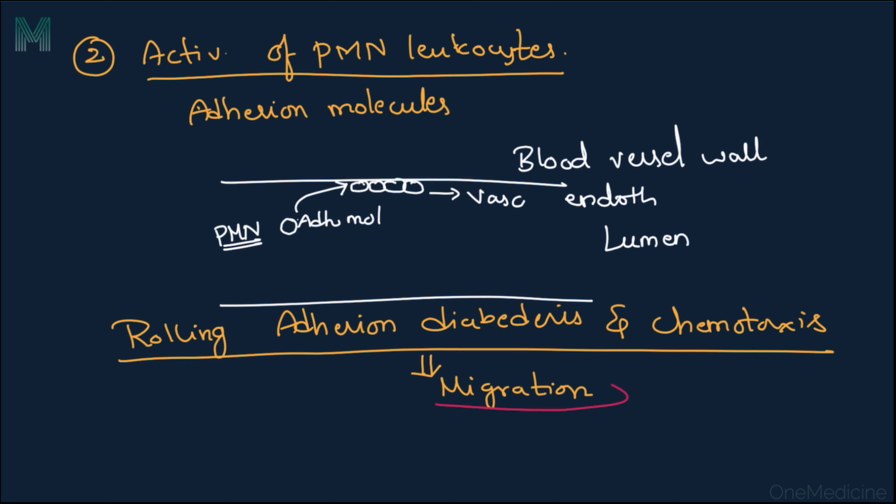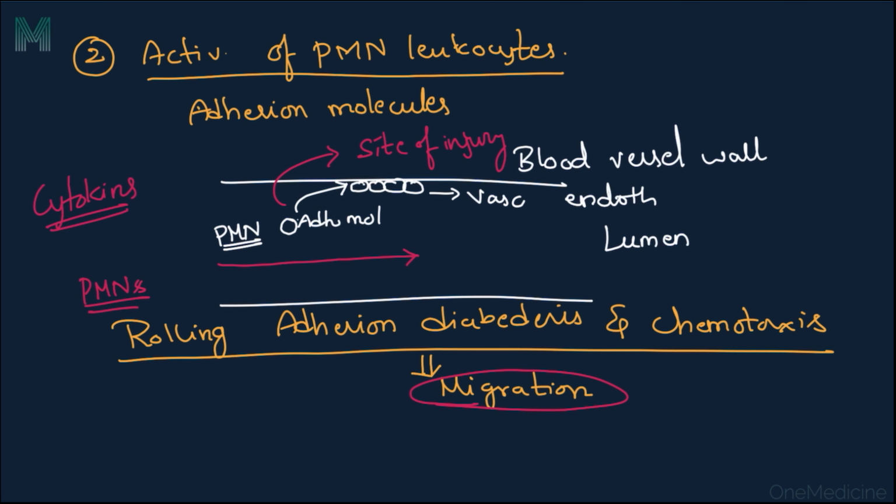With this mechanism, our polymorphonuclear cells are shifted from the intravascular space to the extravascular space or site of injury. They also release pro-inflammatory cytokines and are responsible for the typical features seen in inflammation. They are warmth, erythema and protein rich edema.